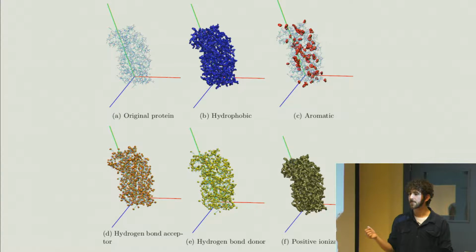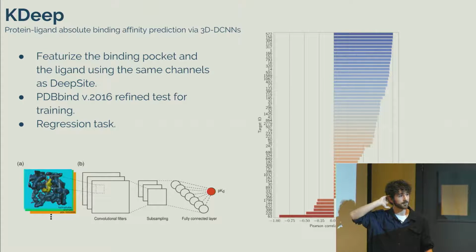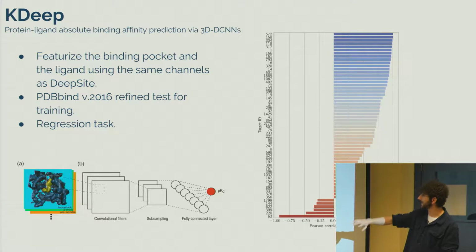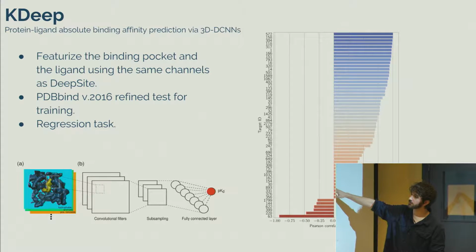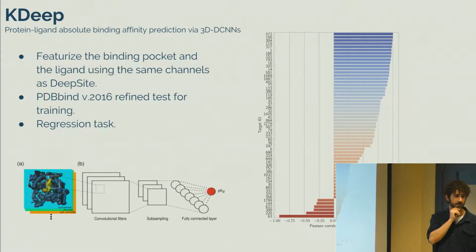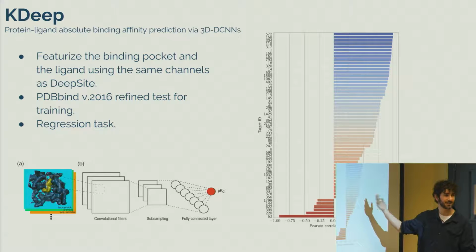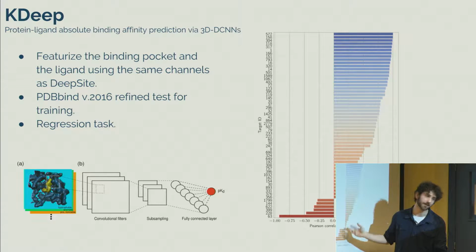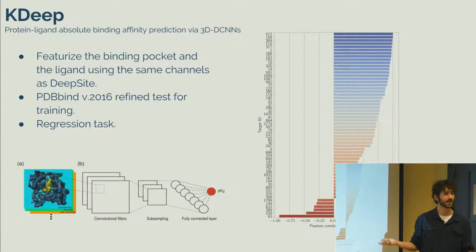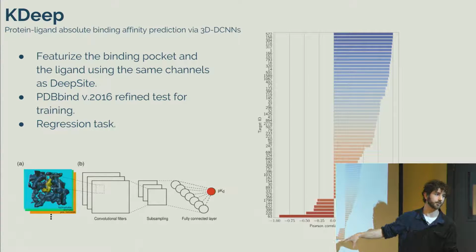One thing to mention about Kdeep is that although it's powerful, here are some targets from the core set of PDBbind, which is another set of proteins inside PDBbind. It has good correlations for most of these targets, but there are targets which have really bad results, and that is probably because there's not enough data on them in the training set, so the algorithm doesn't know much about this kind of protein family.